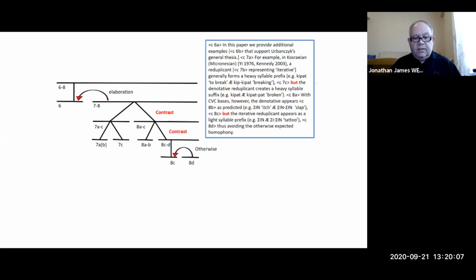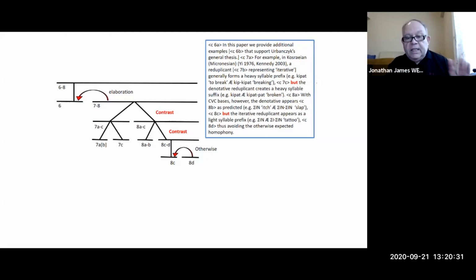I see but occurs twice, 7c and 8c. Contrast at both levels between 7 and 8: the however, 7a, 7c, 8ab, and 8cd. Again, contrast.